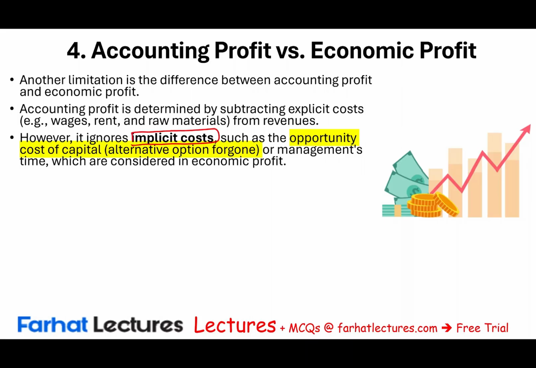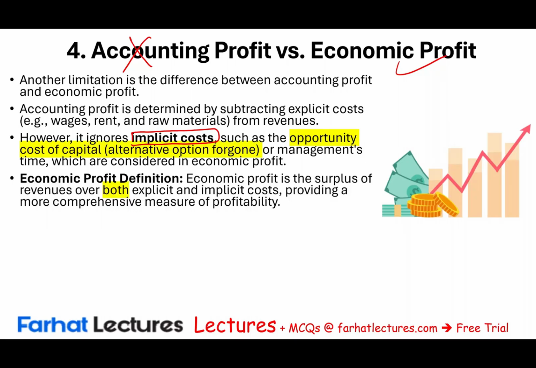Accounting records don't show you something we call the opportunity cost of capital, which is what would you have done with this resource, time, money, whatever you have, if you did not undertake this option. This is called opportunity cost. Accounting doesn't capture opportunity cost. Economic profit shows opportunity cost. Therefore, economic profit is the surplus of revenues over both explicit and implicit cost.